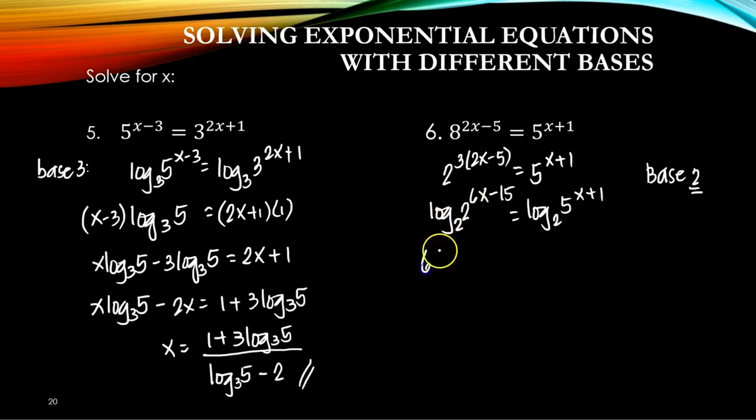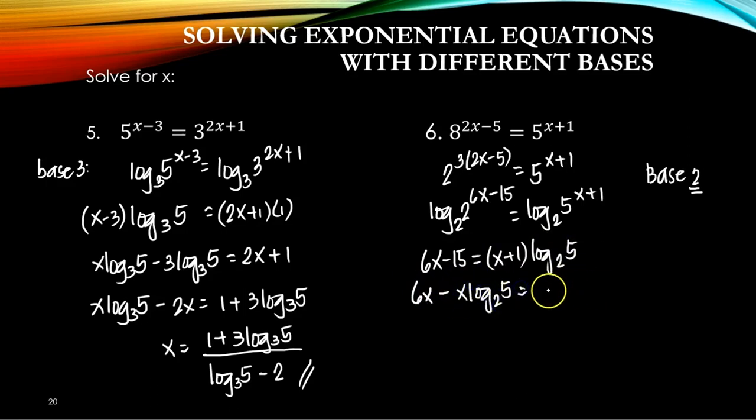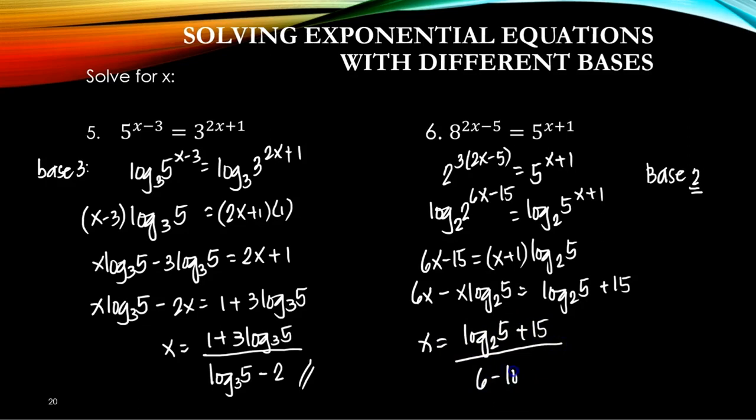So here on the left, it becomes 6x minus 15. Here it becomes x plus 1 logarithm of 5 base 2. So let's combine those with x's. This one becomes logarithm of 5 base 2 plus 15. Therefore, x would then be equal to logarithm of 5 base 2 plus 15 all over 6 minus logarithm of 5 base 2. Okay? So that is it.